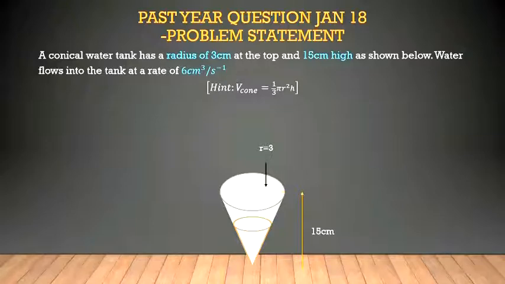Hint: the volume of a cone equals 1/3 times pi times r squared times h. As we can see in this picture, the radius of the cone is 3 cm and the height is 15 cm.